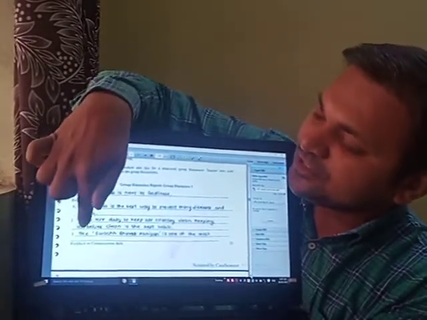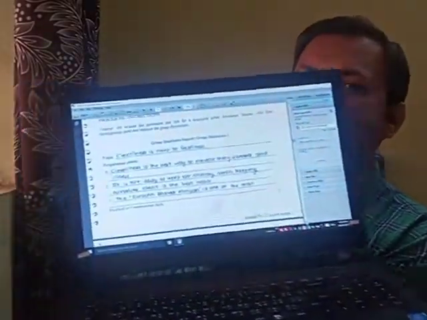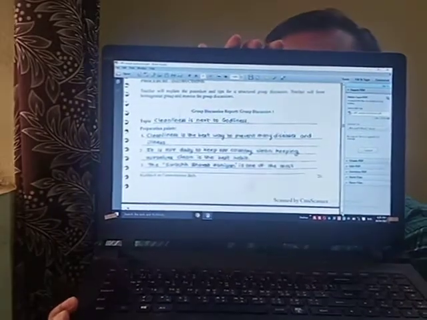So here 1, 2, 3, these are the preparation points as you can see on the screen. In such a way you have to write this assignment. Here you have to write group discussion 2 also. So these two topics you have to write for your group discussion.